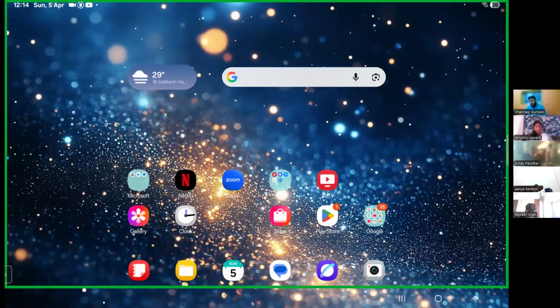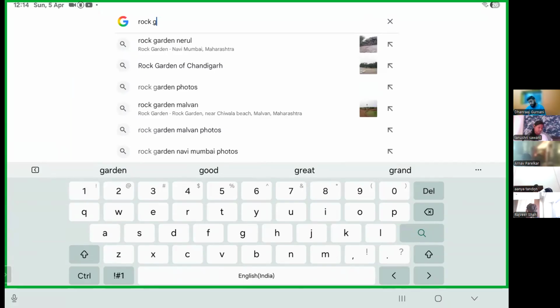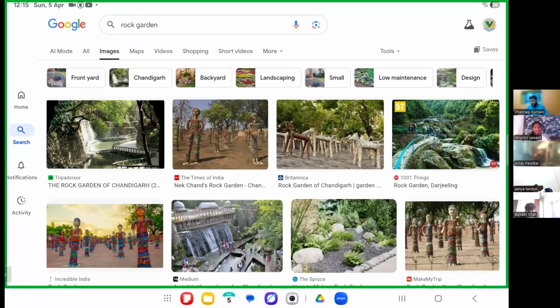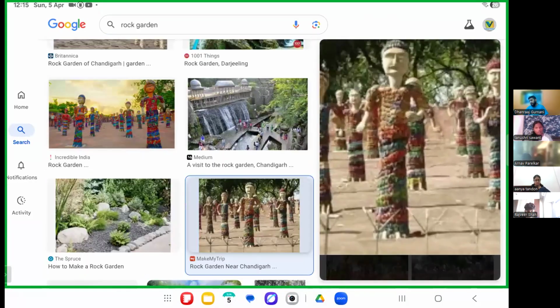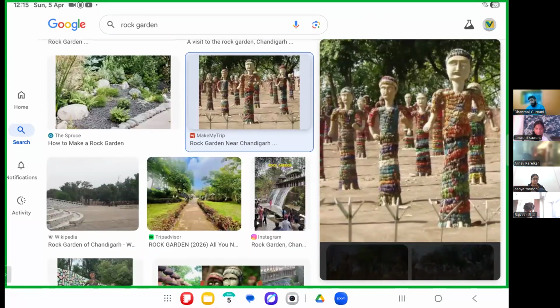Rock Garden built by Nek Chand. This Rock Garden made by Nek Chand is built entirely by reusing stuff.